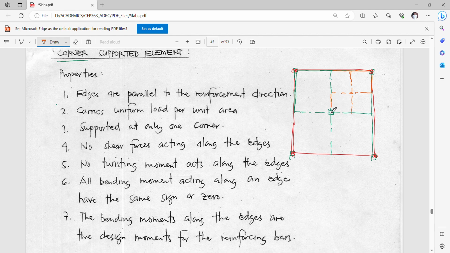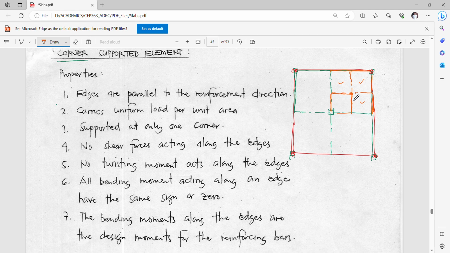This is what you call a corner supported slab. Since these are supported by beams, the original beams here on the sides, this and this have to be designed or taken care of later. So what we need is to really concentrate on this panel.